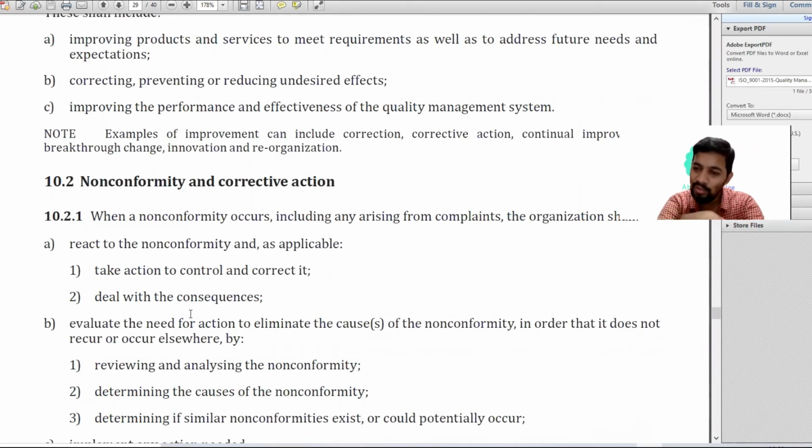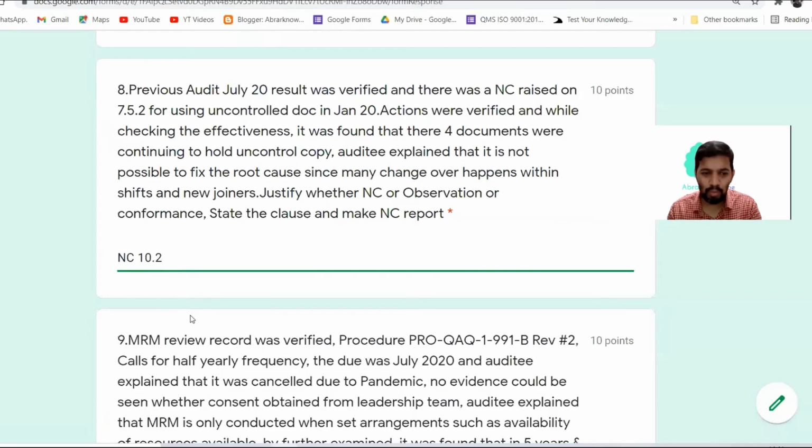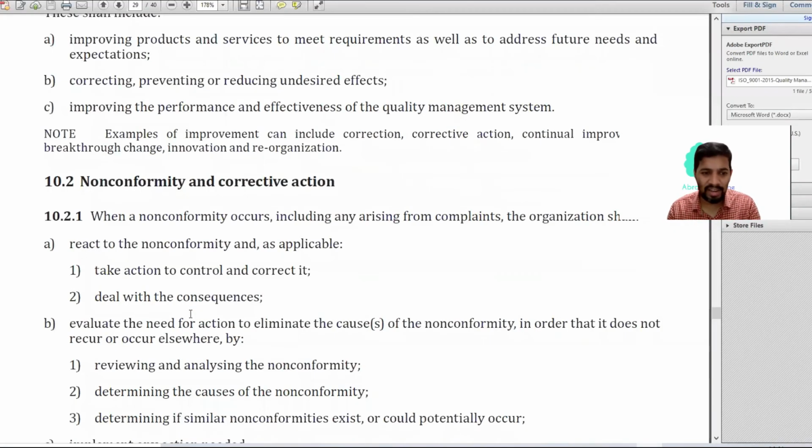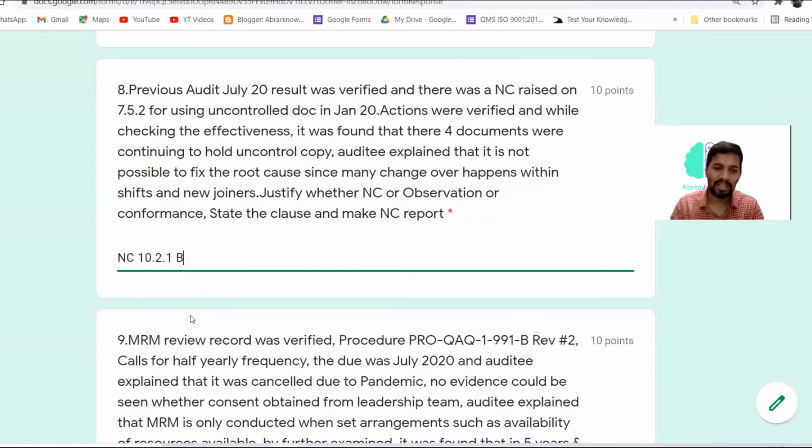Even the root cause also has to be evaluated, right? Evaluate the need for an action to eliminate the cause of the non-conformity. Here the non-conformity is an internal one, or it could be a customer complaint. We need to evaluate the need for an action to eliminate the causes, whatever the causes, in order that it does not recur or occur elsewhere. So 10.2.1 and B will be the right class number.